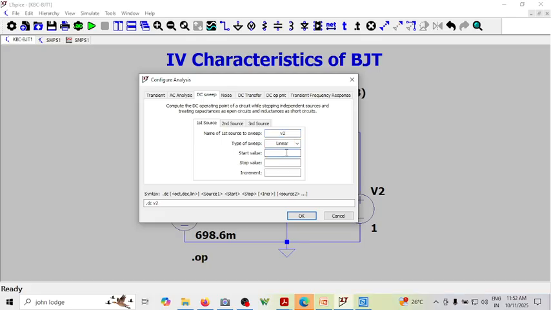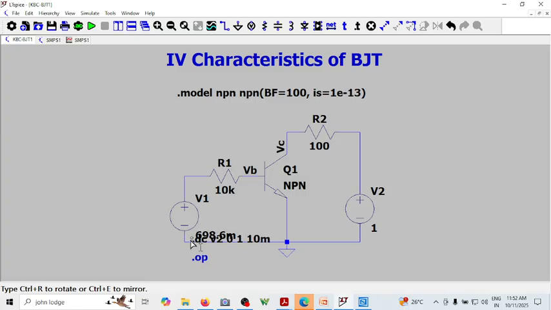Let me start from 0 up to 1 volt in steps of 10 millivolts. For every 10 millivolts, what happens to this? So this is the DC sweep. Earlier we did just the operating condition, where we saw the voltages and currents. Now we are doing a DC sweep. Now this is not 1 volt, this is varying from 0 to 1 volt with an increment of 10 millivolts.